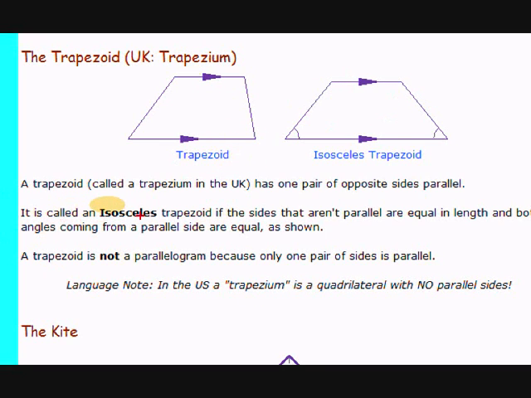So it is called an isosceles trapezoid. What is an isosceles trapezoid? The sides that aren't parallel are equal in length. Like these two, which are not parallel, if these two lengths are equal, then we call it an isosceles trapezoid. A trapezoid is not a parallelogram because only one pair of sides is parallel. Since only one is parallel, it is not a parallelogram.